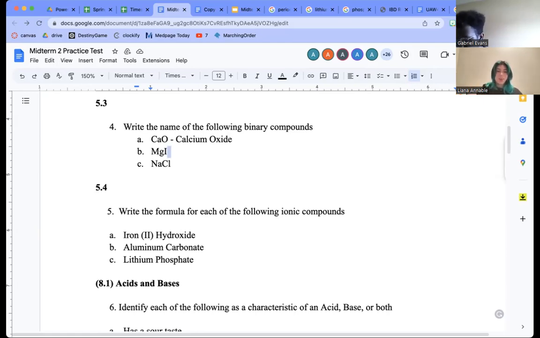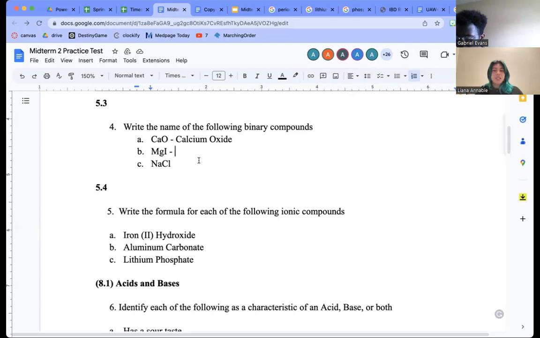All right, so with that knowledge, what is the name for MgI? All right, most people are saying magnesium iodide. Yeah, magnesium iodide is right.